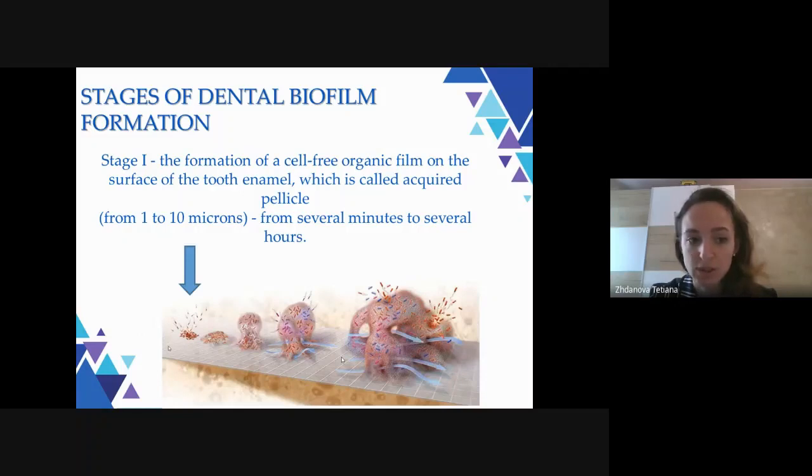Stage first is formation of the cell-free organic film on the surface of the enamel, which we call pellicle, from 1 to 10 microns, lasting from several minutes to several hours.